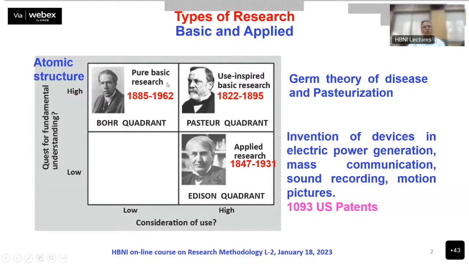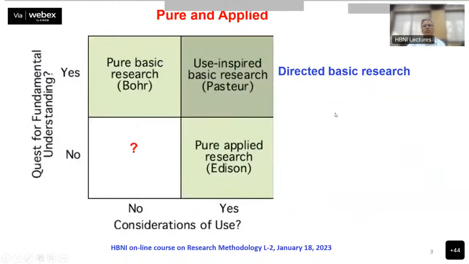Both the fundamental understanding of nature and the inventions are equally important, but the ideal research will be to do fundamental research and use the knowledge in developing different products and processes. So that is the basic and applied research. The same thing I have tried to depict in a different fashion here.